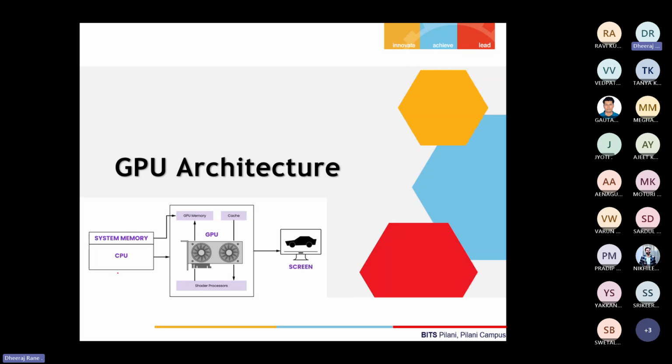So you are having some traditional configuration where CPU is there. Then instructions are coming to GPU from CPU, and the data is being transferred from system memory to GPU memory, right? And ultimately, the processing will happen.